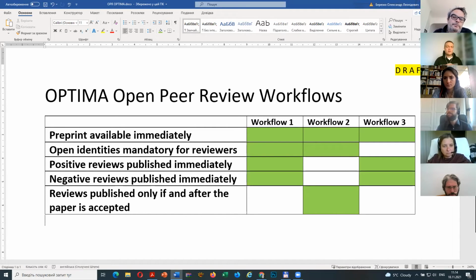We will offer them one of these three workflows and provide them with support. We will help them organize this workflow and put their submissions through it, right? So with this experiment we want to understand what suits better here and what leads to better results. That's the idea in general. But as I said, it's a draft version, and we are very open to comments and suggestions, if any.